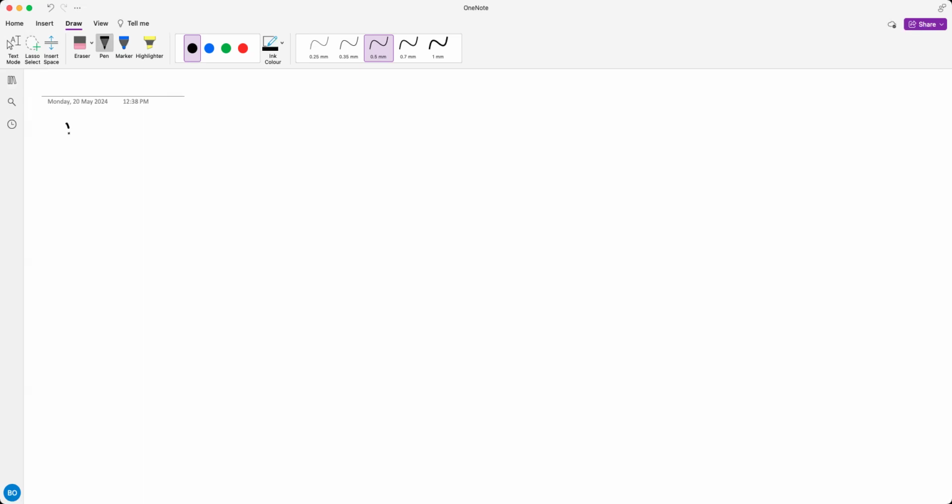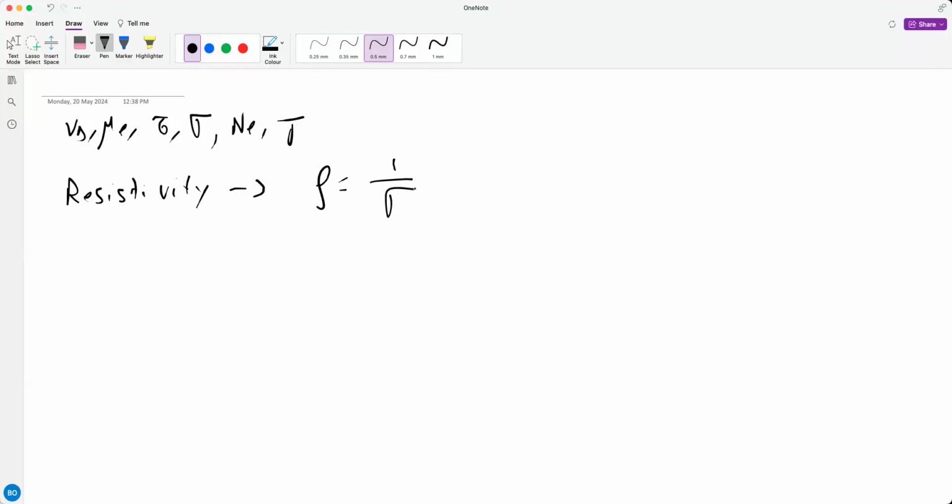As I mentioned, we calculated the drift velocity, mobility of electrons, the collision relaxation time, and sigma, and obviously the number of electrons and the current density. So those are the parameters that we calculated. Sigma is the conductivity. There is also resistivity, and the resistivity is just 1 over sigma.